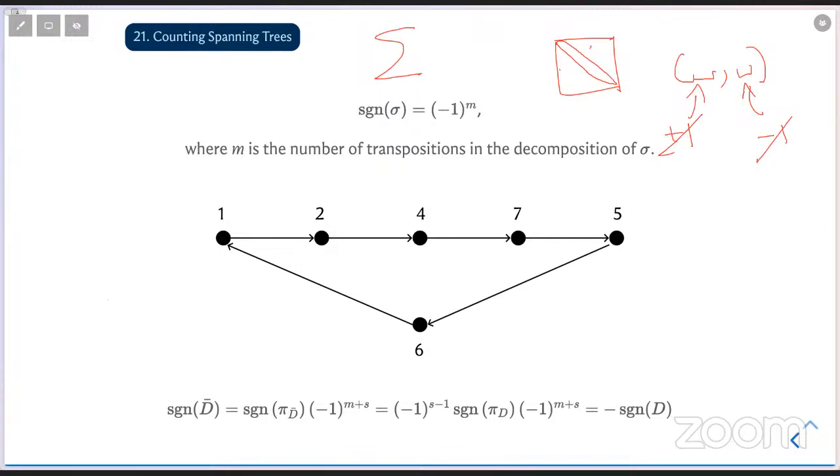The second idea is that because we are doing a Laplacian, remember that we have got rid of the last row and the last column. So if there's a spanning tree, it definitely must have an n in it.